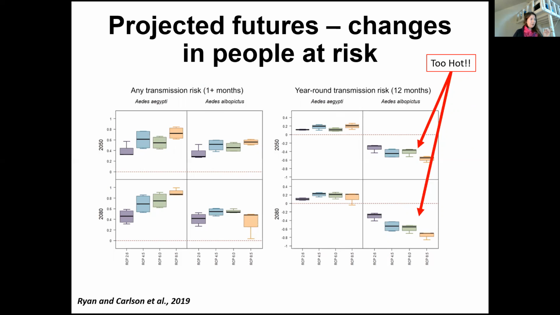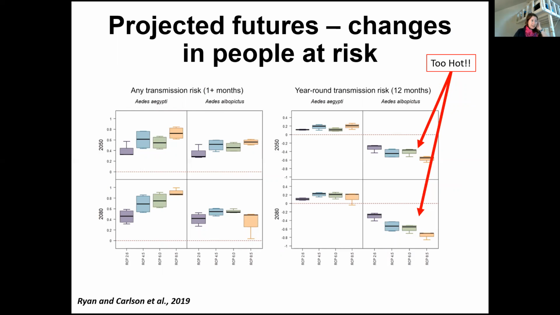And this is looking at those different representative concentration pathways going along the bottom, so our most optimistic to our least optimistic, and across several different climate models. So we took different climate centers that produce these different global circulation models as responses to those mitigation pathways proposed.